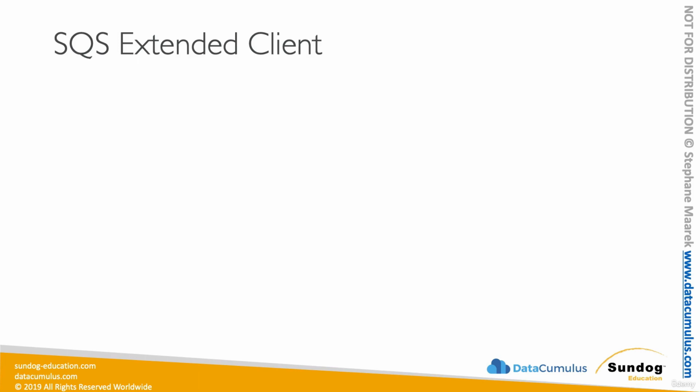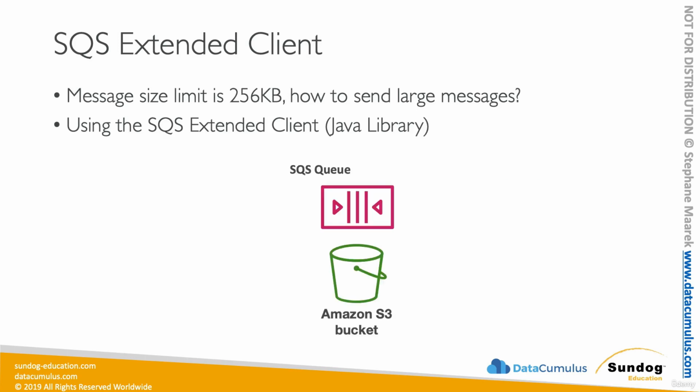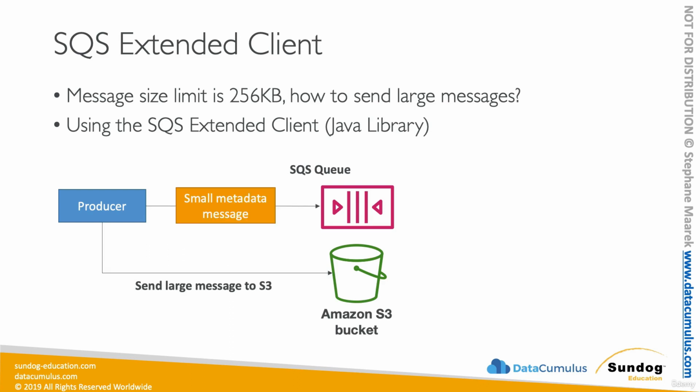So about that limit of 256 kilobytes, how do we send large messages in SQS? It's not really recommended, but there is something called the SQS extended client, which is a Java library, which uses a trick. Basically, it will use an Amazon S3 bucket as a companion, and will say, okay, I'm going to send the very large payload, maybe like 5 megabytes to 10 megabytes, or even 10 gigabytes, to S3, and it will send a message metadata in the SQS queue.